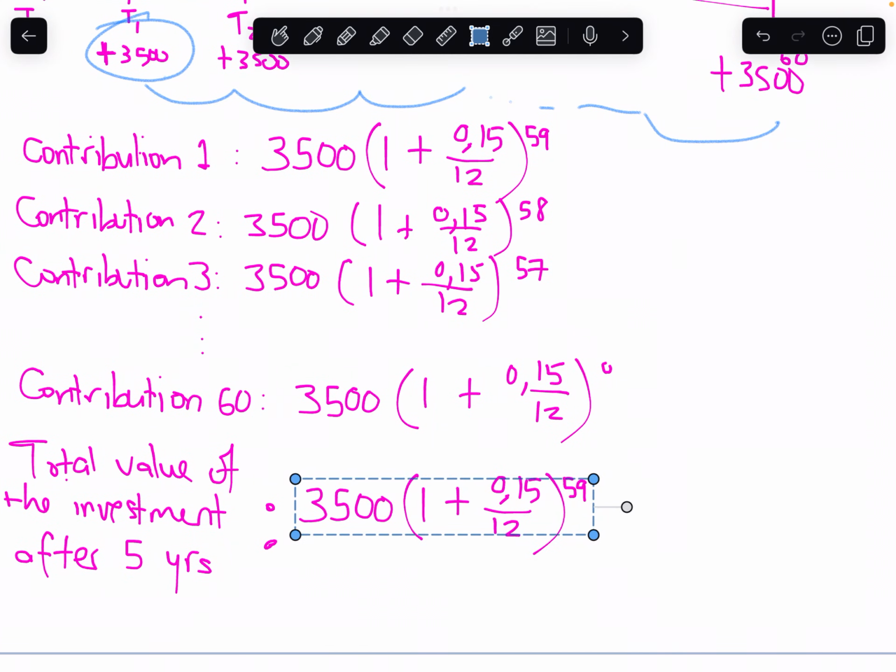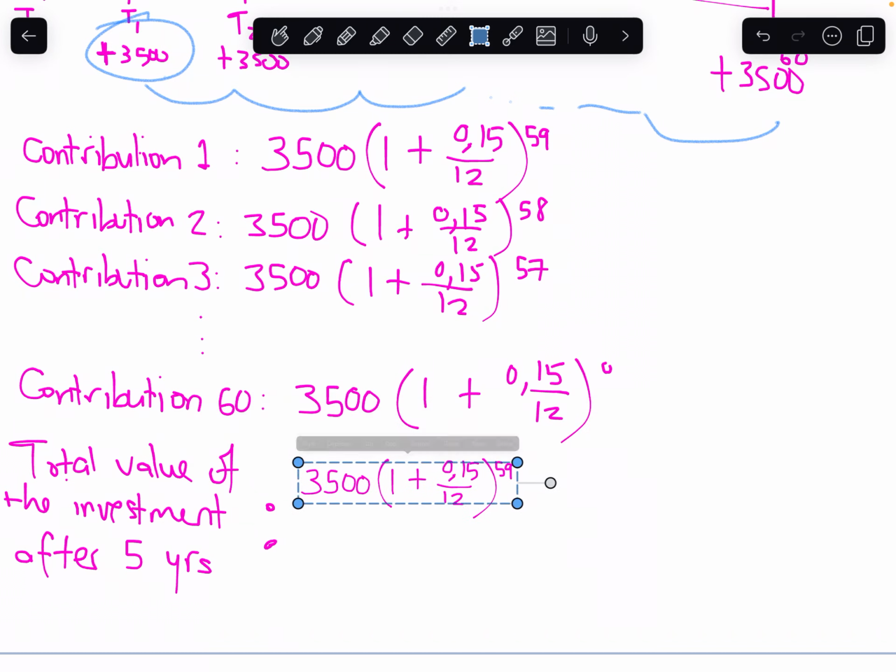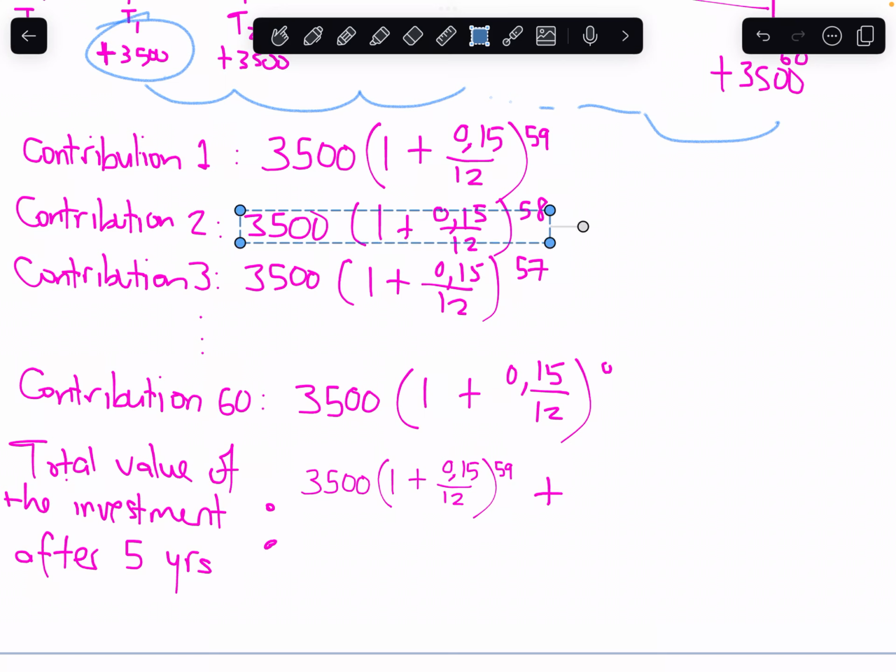I have a computer. It's going to be that contribution and how much it grew, plus contribution 2 and how much it grew.